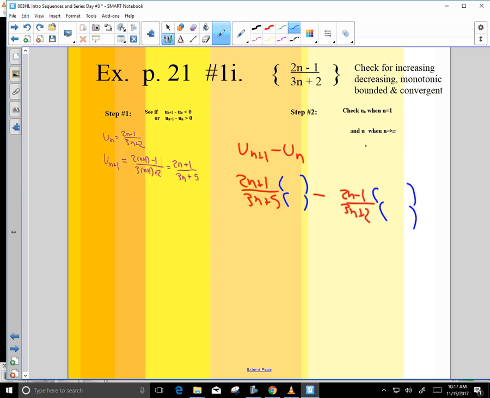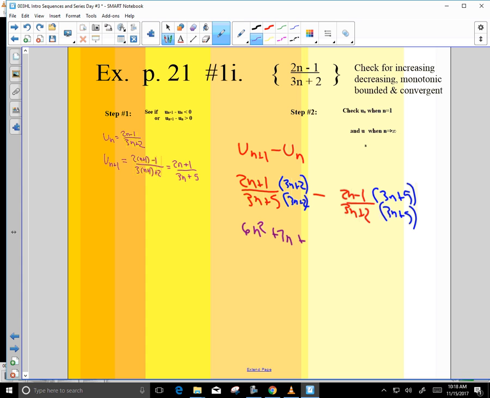3n plus 5 needs to be multiplied by 3n plus 2, top and bottom, because we're multiplying by 1. 3n plus 2 has to be multiplied by 3n plus 5, top and bottom, because it's like multiplying by 1. Then we're going to multiply this out. 2n times 3n is 6n squared. 3n plus 4n is 7n.